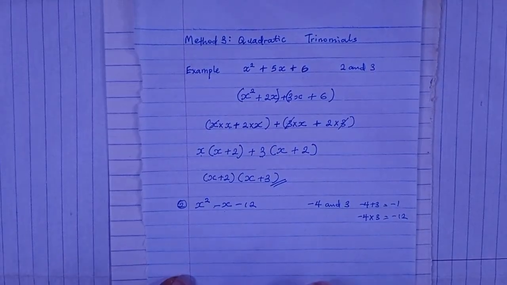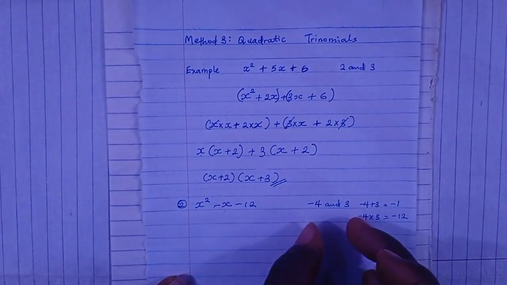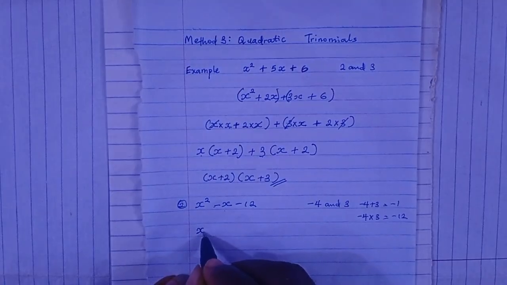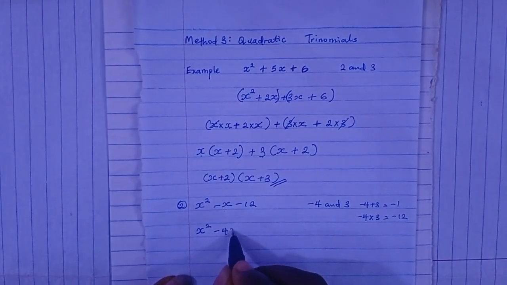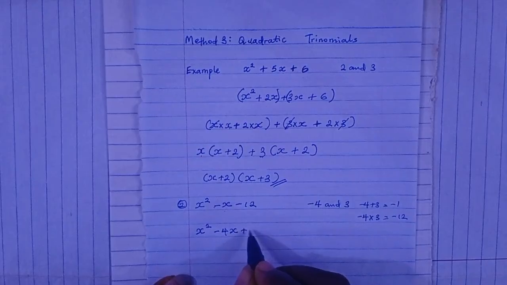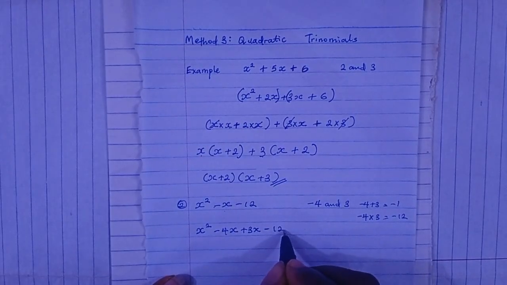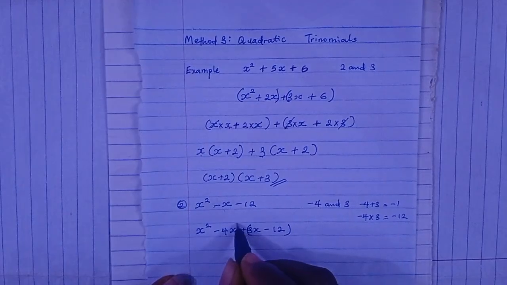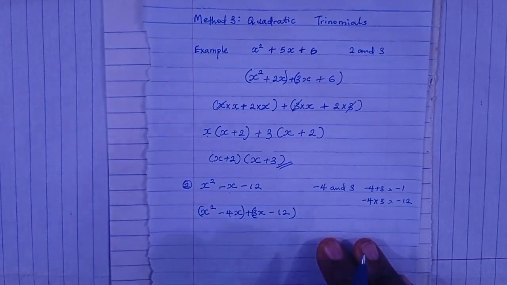Alright, since we have gotten it, we're going to split this minus x into these two. So we're going to have x squared minus 4x plus 3x minus 12. So we group them. After grouping them, we'll bring out the common factors.